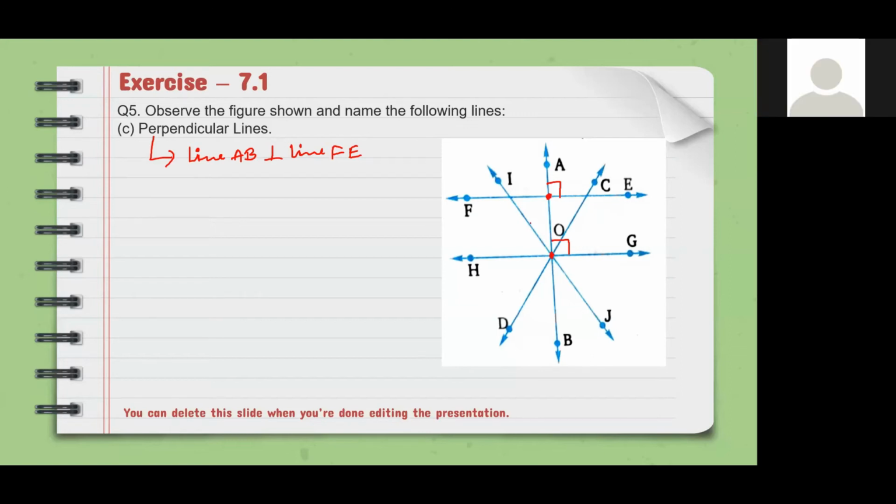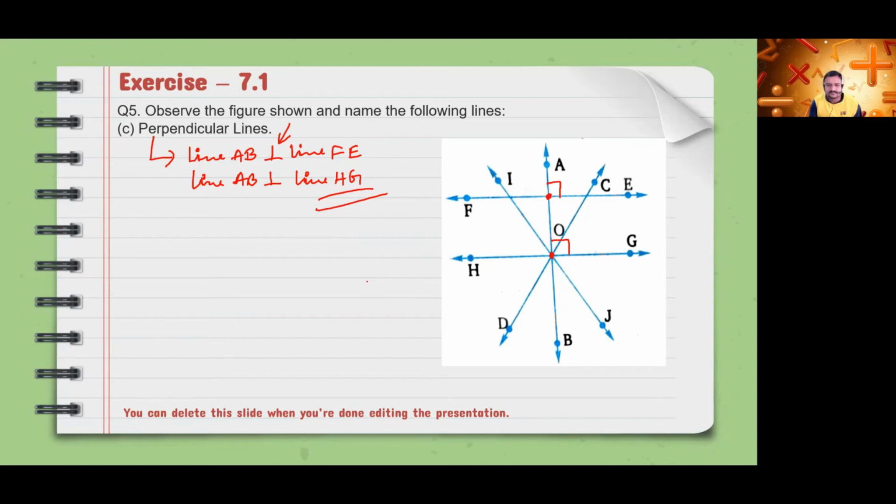Line AB and line FE are perpendicular. This is the symbol of perpendicular. You will write like this: line AB is perpendicular to line FE. And in the next step, line AB is perpendicular to line HG. That's the point.